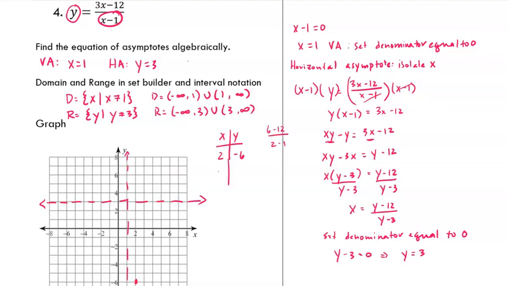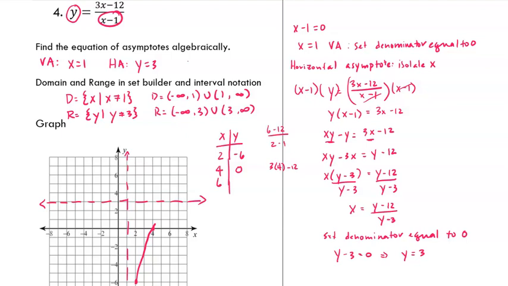And I can put a 4 in. Let's try putting a 4 in. 3 times 4 minus 12 is going to give me 0. So 4, 0, right there. So our graph is going to look something like that.